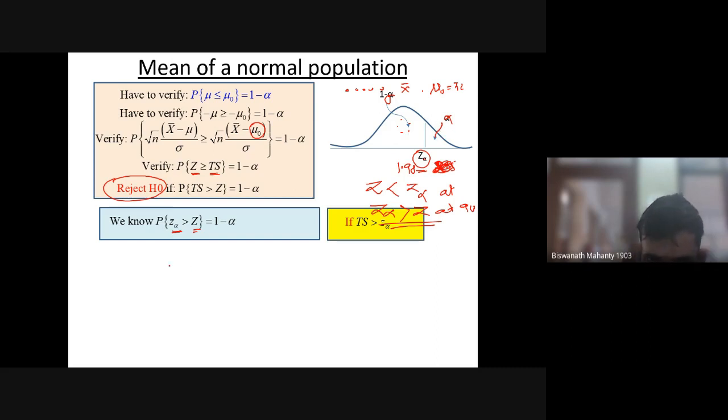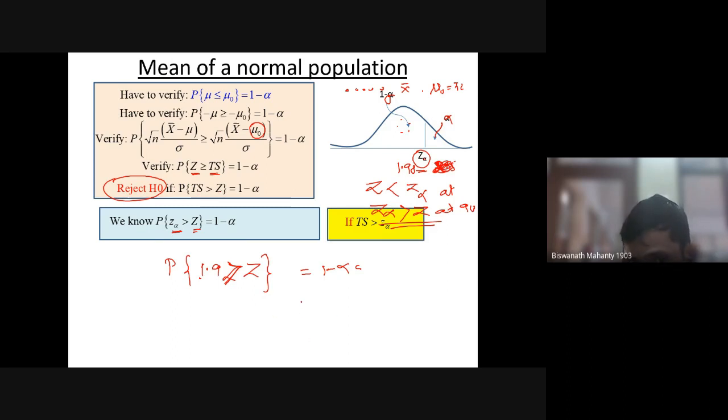So from that I am saying that the probability that 1.9 is greater than z, I can say with 1 minus alpha confidence level, because this is the distribution table. I have nothing to say on that. And here I am saying that ts is greater than z.